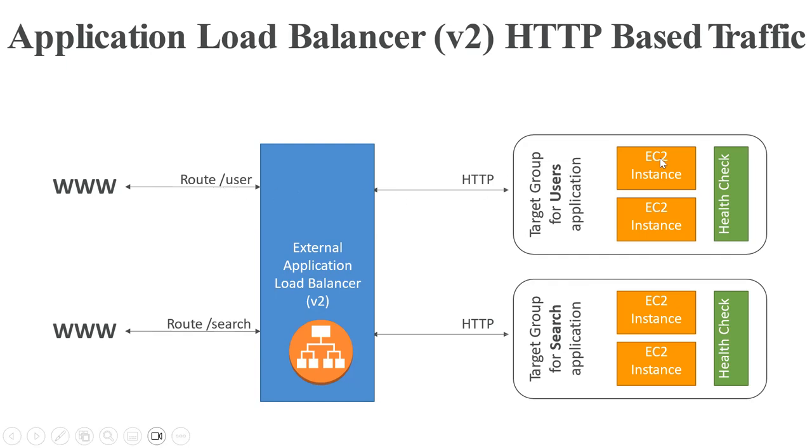Port is the Tomcat port 8080 or WebLogic, whatever the service port, 80 or whatever it is. And finally, the protocol is HTTP or HTTPS. These are the 3 points we can consider, and on the basis of the request we can define to which target group it can be routed. So this is the support from the application load balancer.